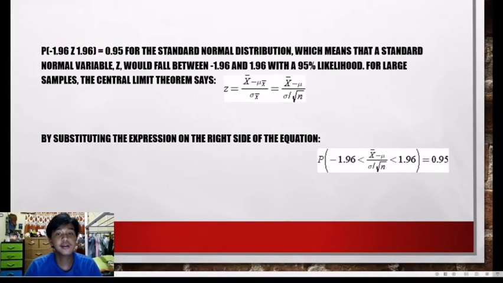P(-1.96 < Z < 1.96) is equal to 0.95 for the standard normal distribution, which means that a standard normal variable Z would fall between -1.96 and 1.96 with a 95% likelihood. For large samples, the central limit theorem says this formula. By substituting, the expression on the right side of the equation is this formula.